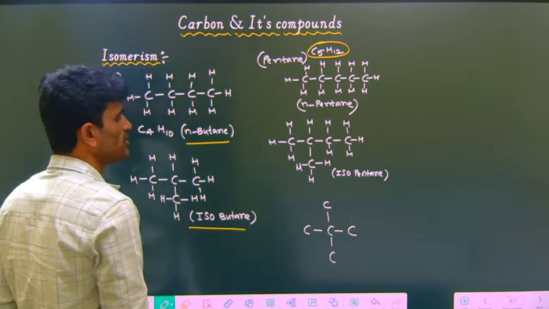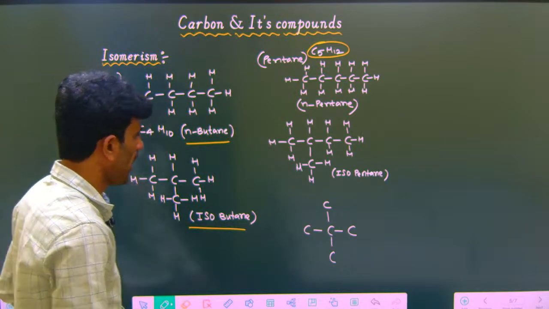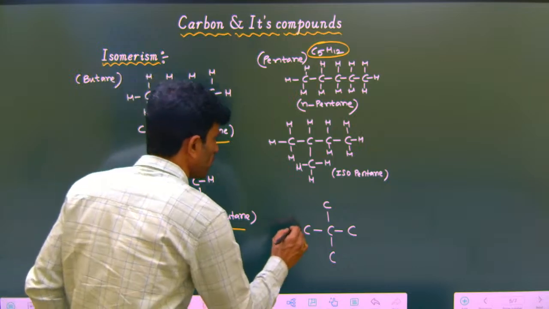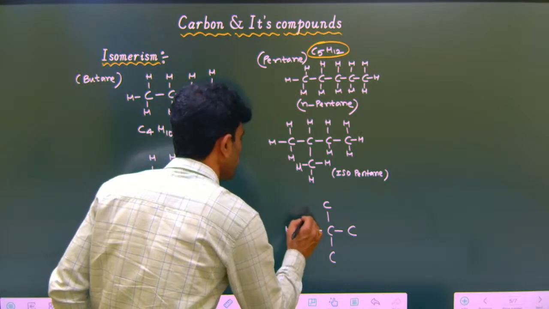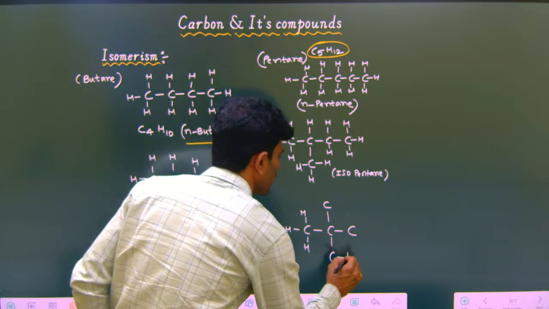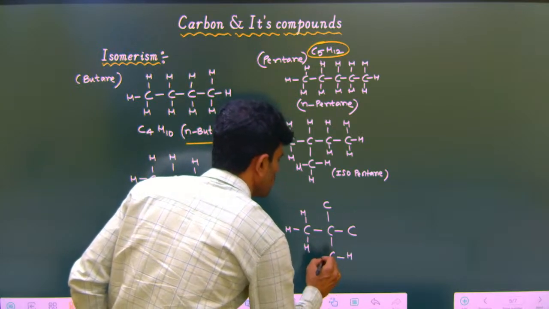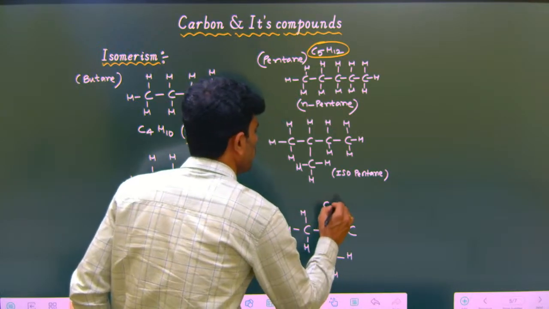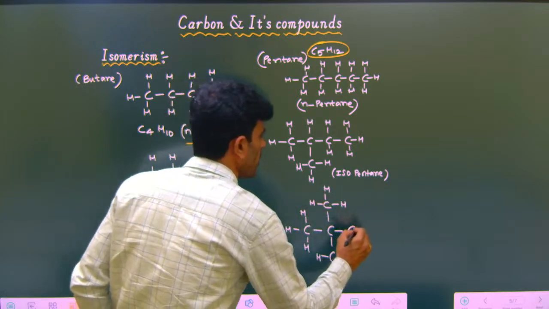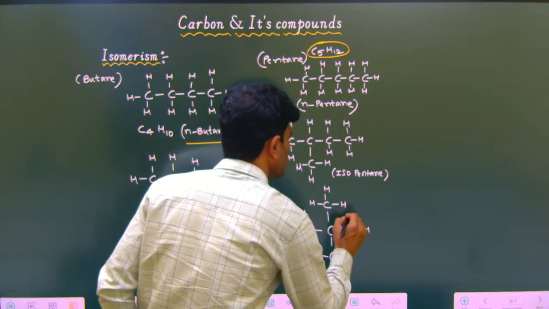So here what happens? We cannot draw hydrogens on the middle carbon. Only on these end carbons we have to draw the hydrogens. Here 1, here how many hydrogens? 3 hydrogens. Similarly here also 3 hydrogens. Here again 3 hydrogens. On the last carbon also you will be having 3 hydrogens in this manner.